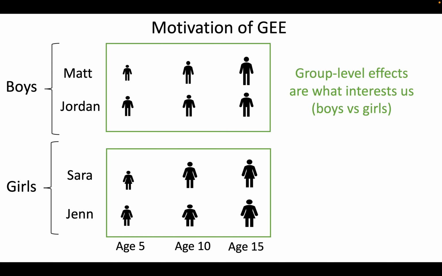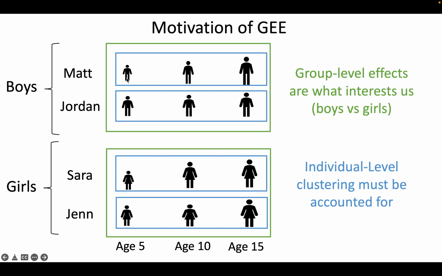Okay, so going to the motivation of GEE, I've touched on it a bit too early. This green box represents what we're actually after. We want to find this group level effect of the change in growth rate, change in height rate, between boys and girls.